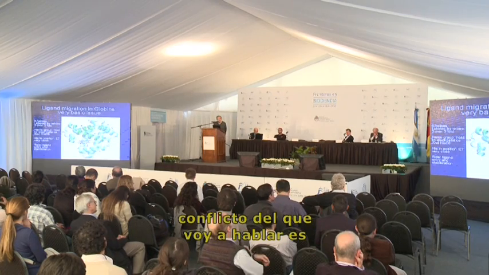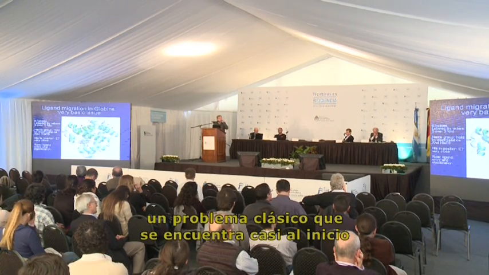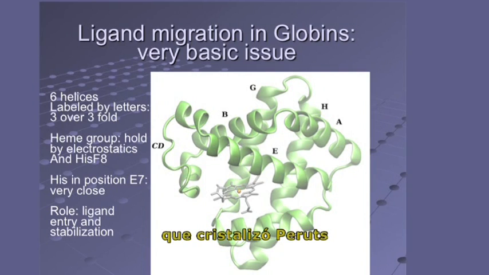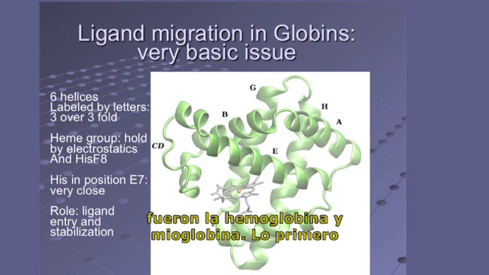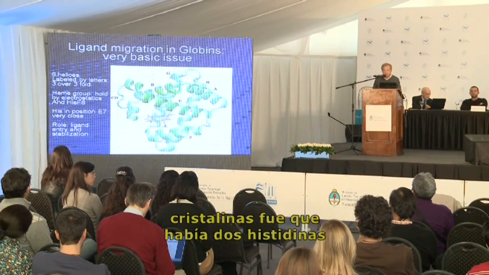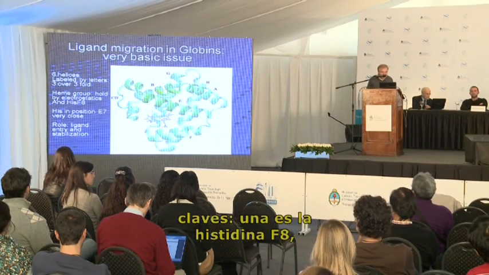Well, the second problem that I'm going to talk about is a very classical problem. It's almost at the origin of structural biology. The first proteins that were crystallized by Perutz were hemoglobin and myoglobin. And the first thing that Perutz observed in the crystal structures was that there were two key histidines.